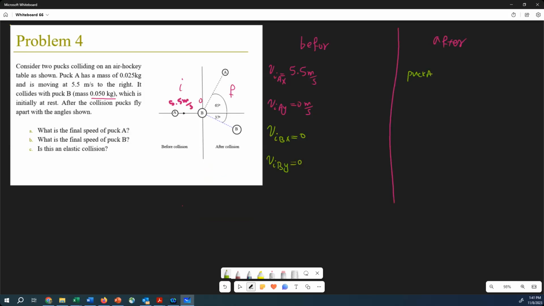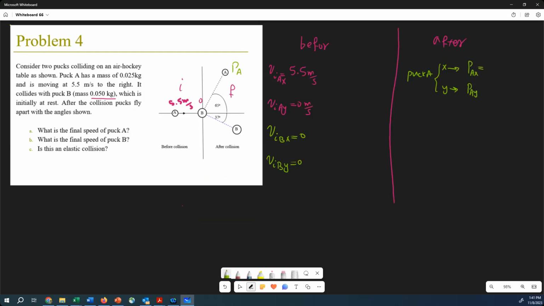does have momentum, yes? We call it PA, and it does have an X component, yes? In X, it will be PAX. In Y, it will be PAY, okay? And how can we calculate the PAX and PAY?